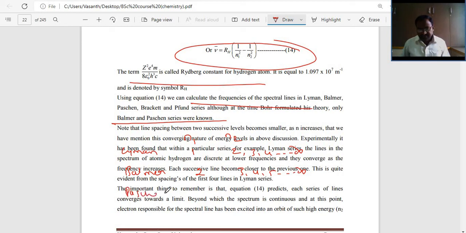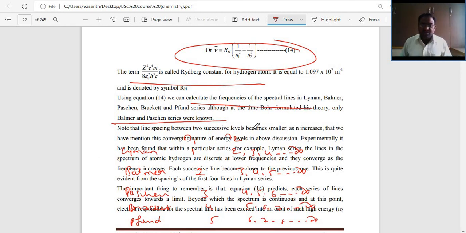Paschen series, n1 is equal to 3, n2 is equal to 4, 5, 6 up to infinity. Brackett series, n1 is 4, n2 is 5, 6, 7 up to infinity. Pfund series, n1 is equal to 5, n2 is equal to 6, 7, 8 up to infinity.